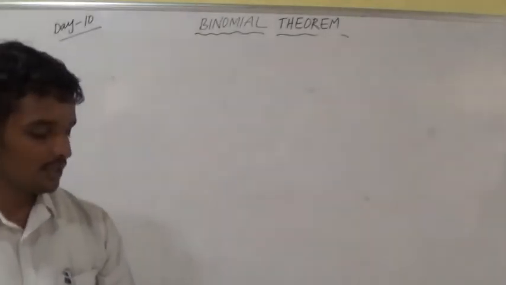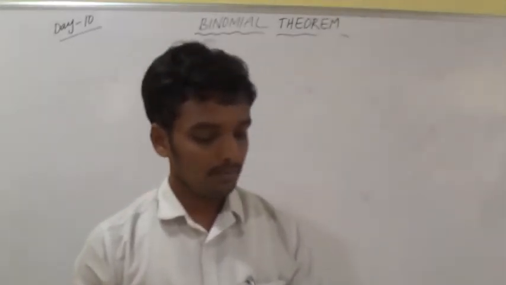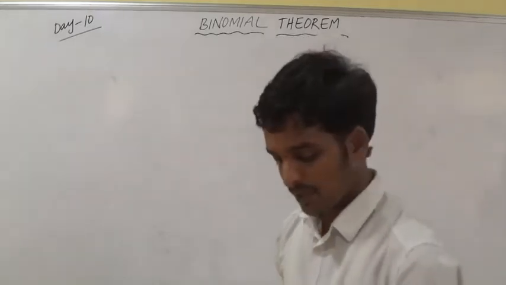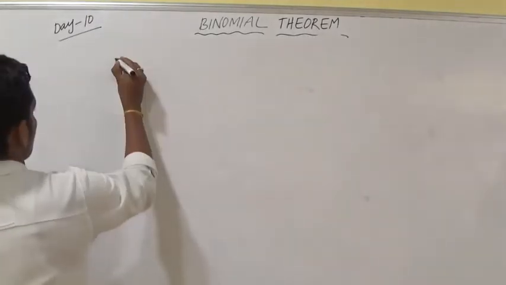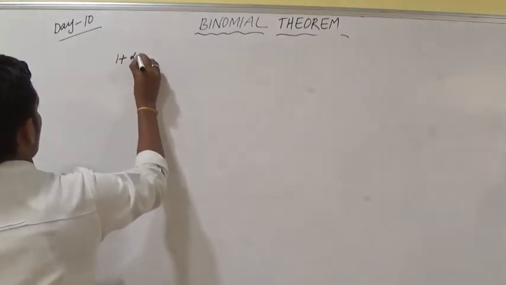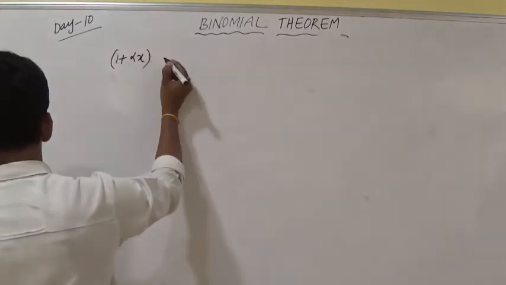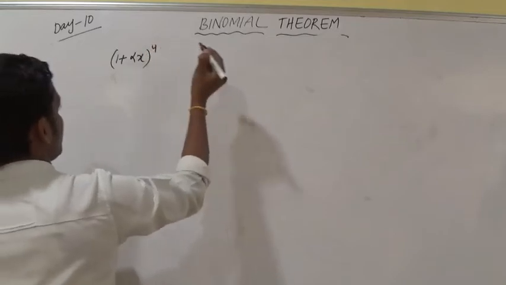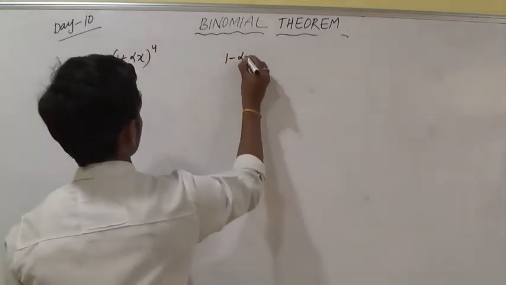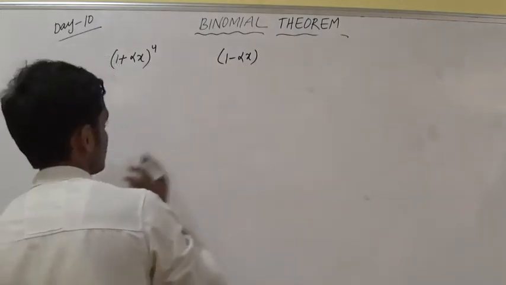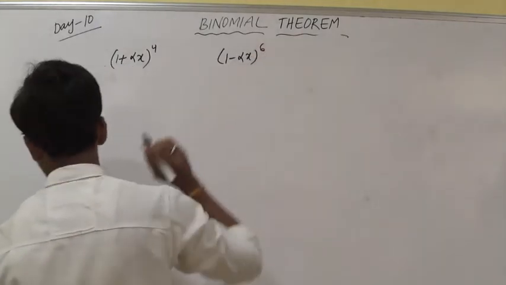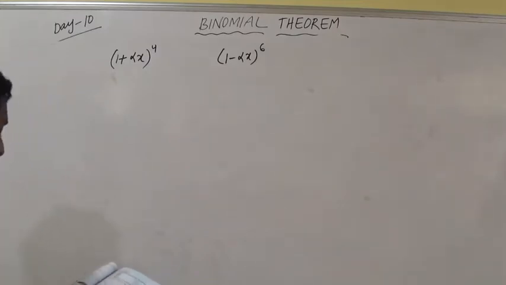The coefficient of the middle term in the binomial expansion in the power of x of (1 plus alpha x) whole to the power of 4 and (1 minus alpha x) whole to the power of 6 are the same. Their middle terms' coefficients are equal, then find the value of alpha.